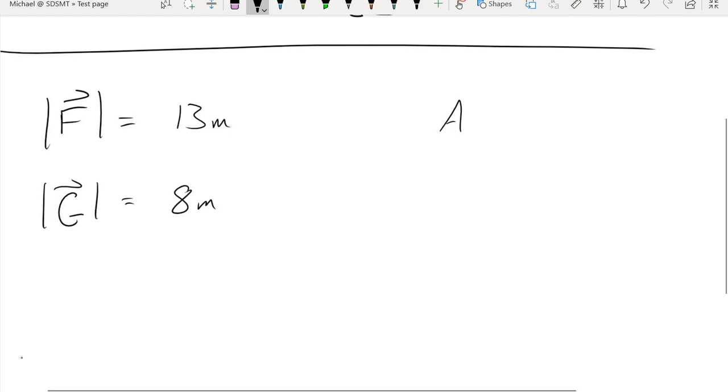And we want to add the two vectors together to produce a resultant vector.